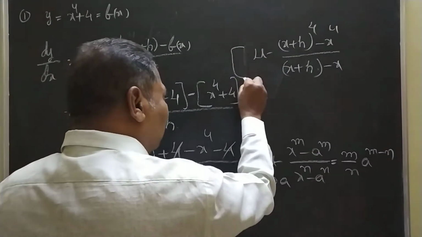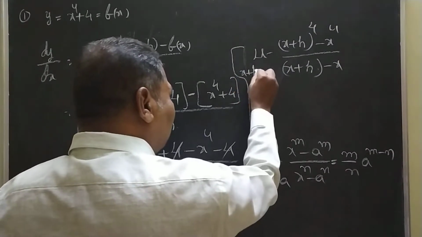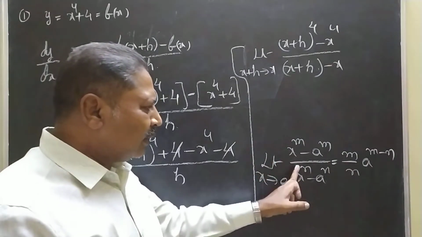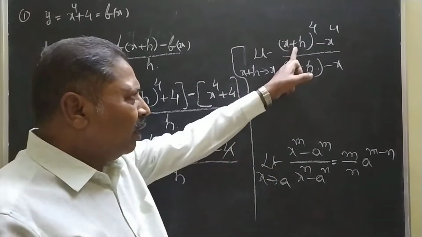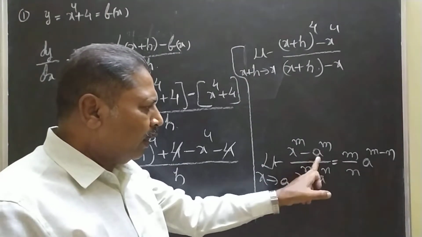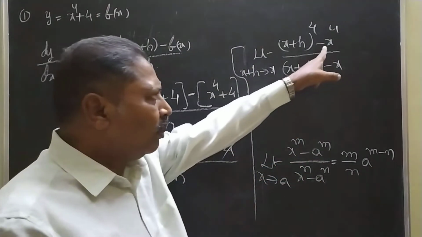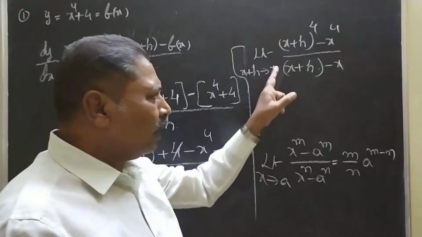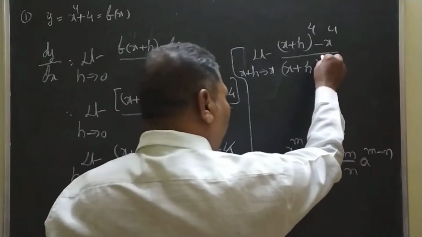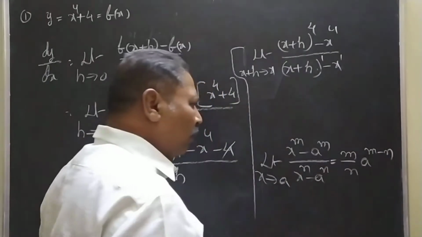x plus h tends to x. Observe, all are equal: (x plus h) whole power 4 minus x power 4 over (x plus h) power 1 minus x power 1.